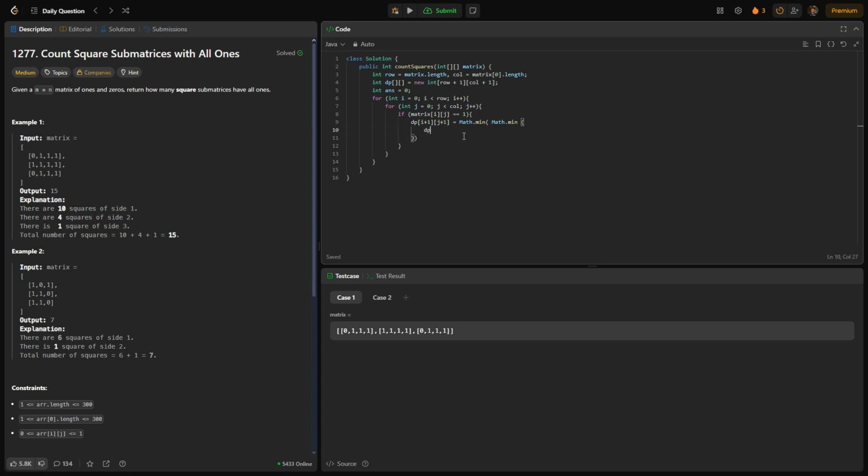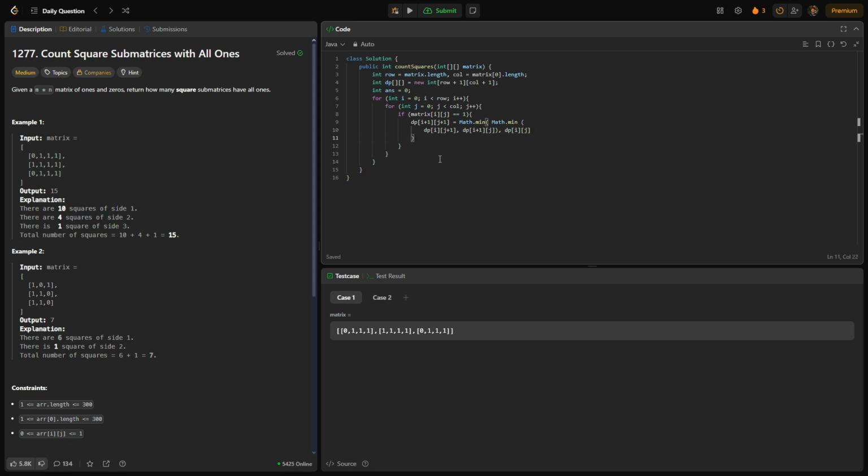So we're going to say dp of i of j plus 1, and then dp of i plus 1 of j. So that's our first dynamic programming, or our first value we're comparing to. And then the second value we're comparing to is the dp of i of j.